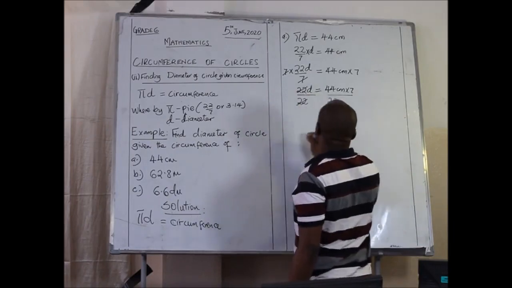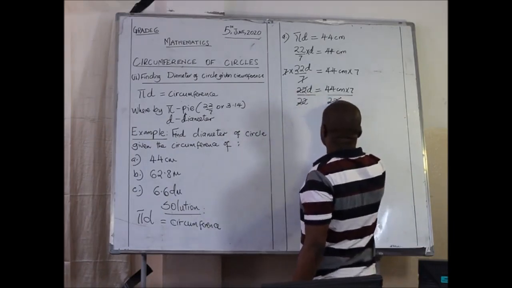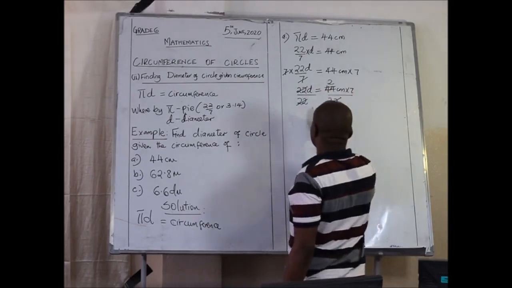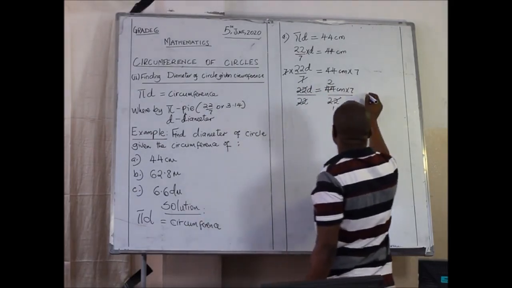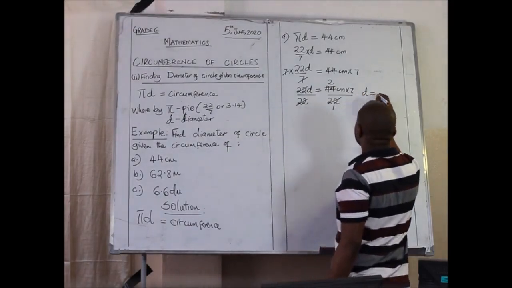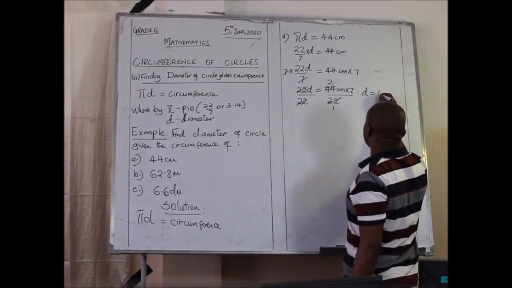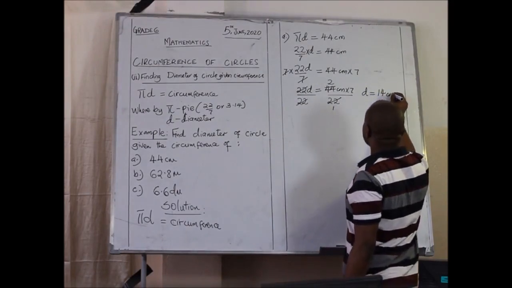22 cancels 22. 22 here gives 1, 22 here gives 2. D equals 2 centimeters multiplied by 7, you'll get 14 centimeters.